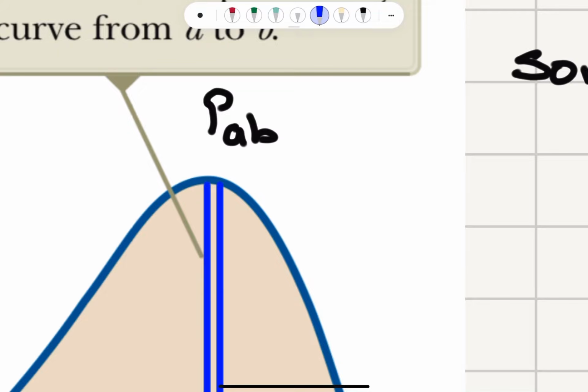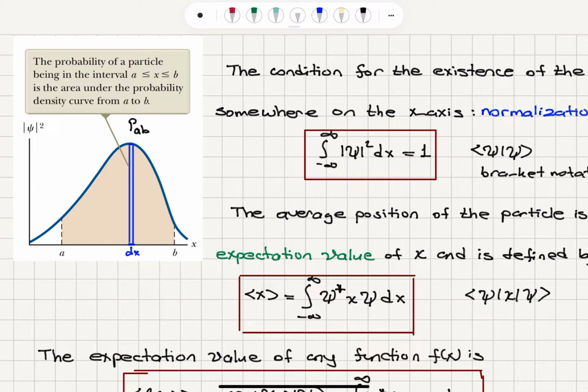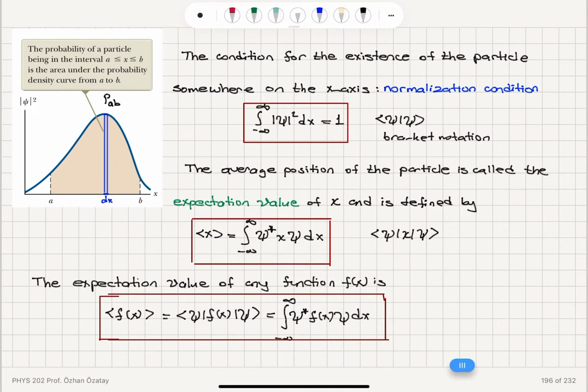So basically, I approximate this by taking the value at this point and saying that this value is the same in this interval. That basically gives me the probability of finding it in this interval, and then I integrate over all such intervals. Okay.